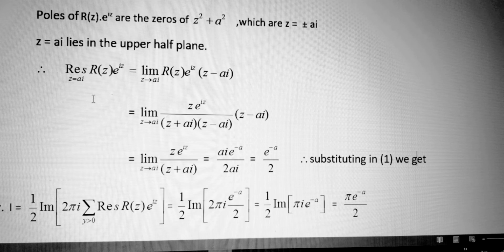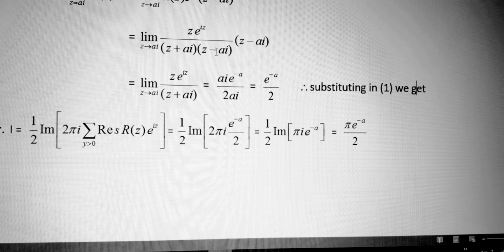Therefore, residue of r of z into e raised to iz at z equal to ai equals limit z tends to ai of r of z into e raised to iz into z minus ai, which is equal to limit z tends to ai of z e raised to iz by z plus ai into z minus ai into z minus ai.